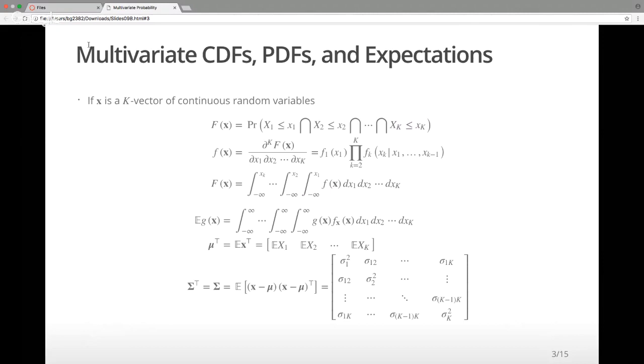Usually when we're talking about multivariate probability distributions, we're talking about a probability distribution for a vector of continuous random variables. We didn't really address that much the case of a vector of integer random variables.